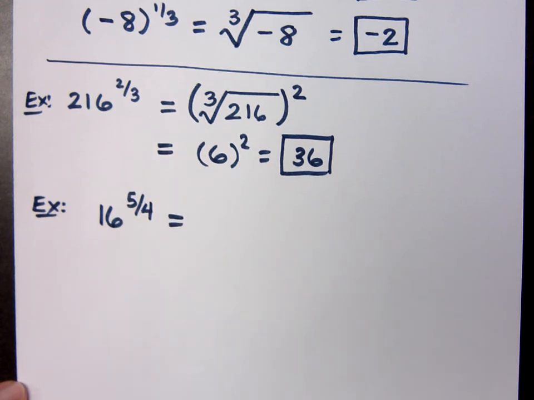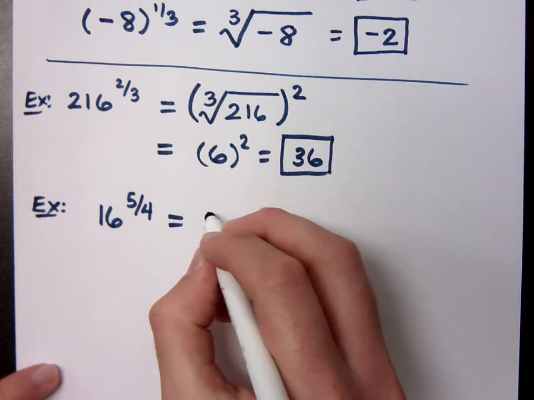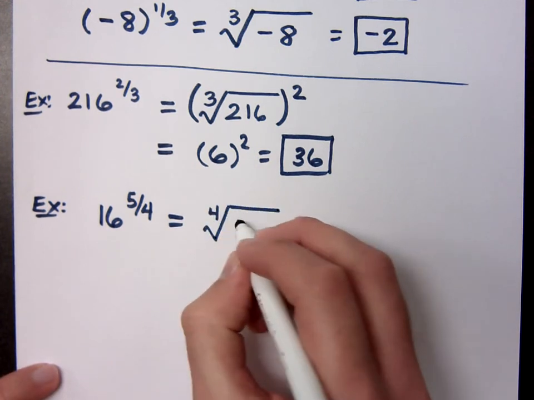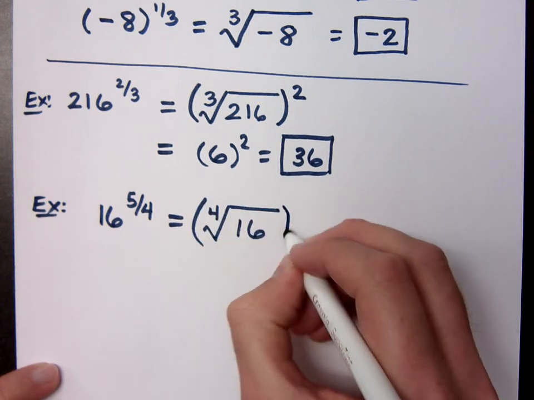16 to the 5/4. What does this mean? The 4 on the outside is the index, so you mean the 4th root, with 16 in the middle, to the 5th power.